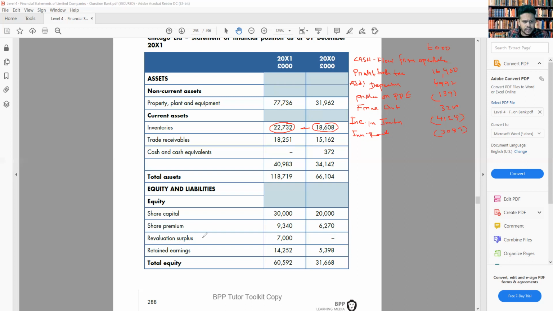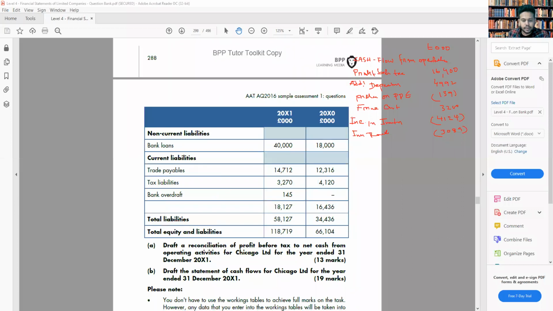Then I'm going to see the trade payable. This is our liability. I can see it is increasing. That means I didn't make the payment. I bought more services or products from my supplier, but I didn't make the payment.